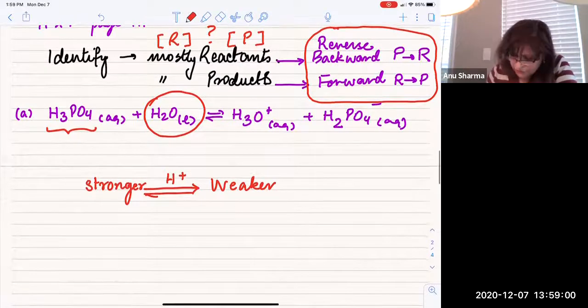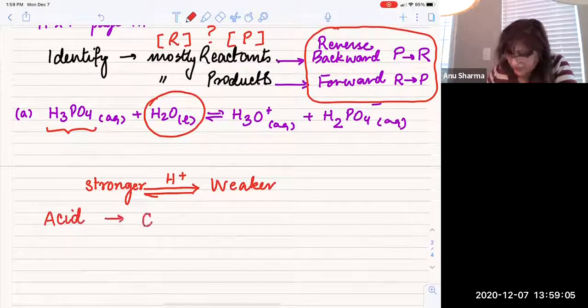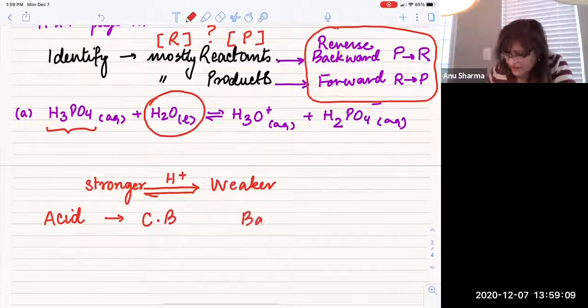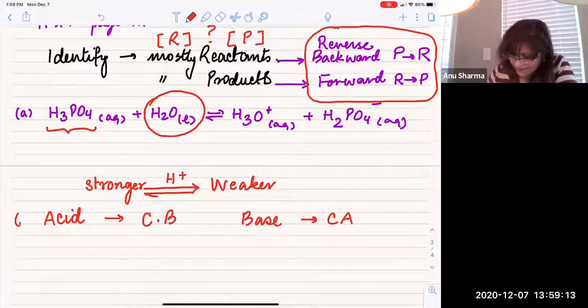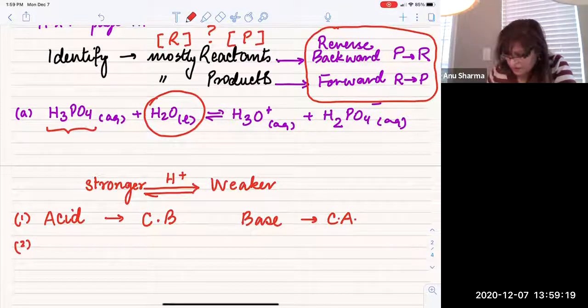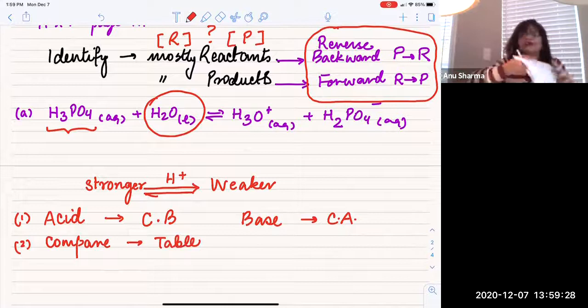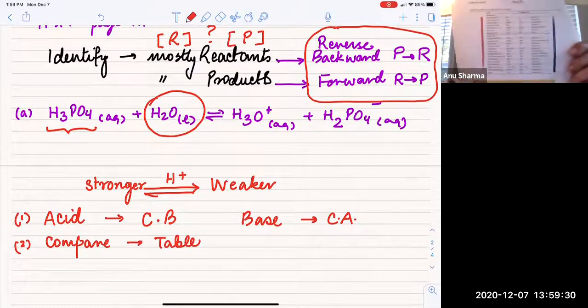So here you're going to identify the acid and its conjugate base, and identify a base and then its conjugate acid. So this is the first step. The second step is to compare the weak and strong using the table. Remember, there is a table, and you are allowed to use these handouts, and here is the table that you're going to use.